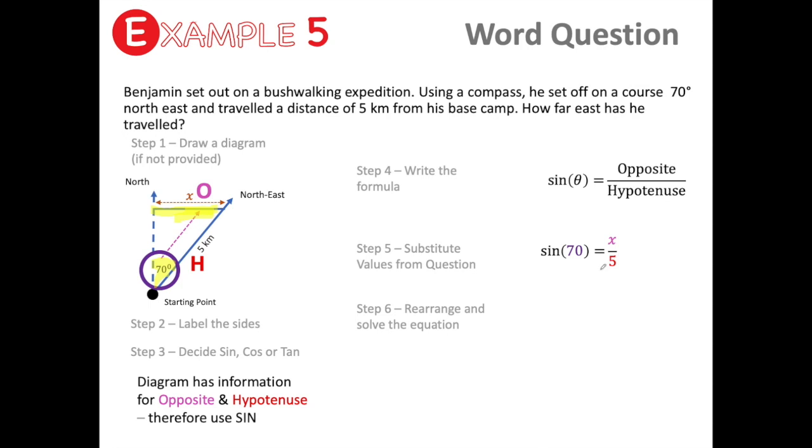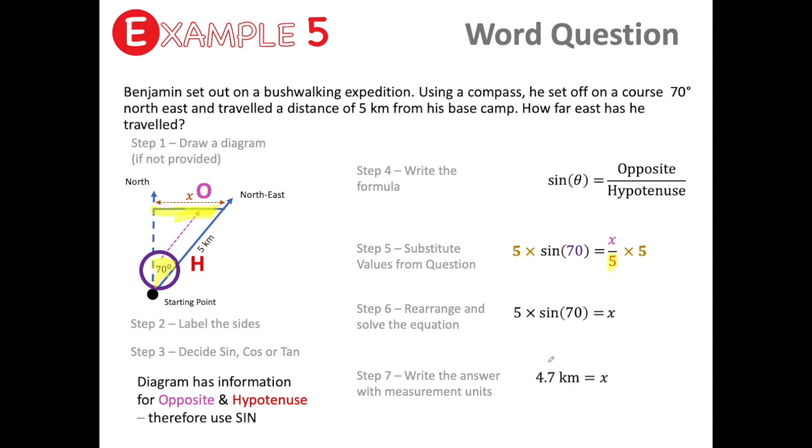Next step is to rearrange and solve the equation. Taking my denominator value of 5, multiplying both sides by 5, so 5 times sine of 70 is equal to x. I can put that into my calculator and get an answer of 4.7 kilometers. So my x value is 4.7 kilometers, which means that Ben has traveled 4.7 kilometers east.